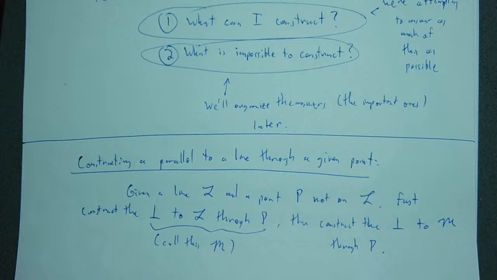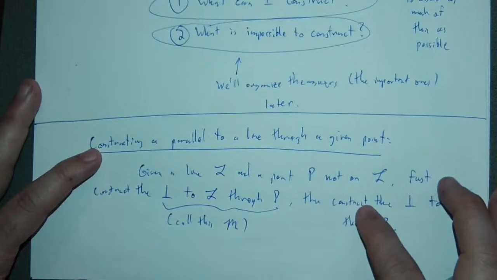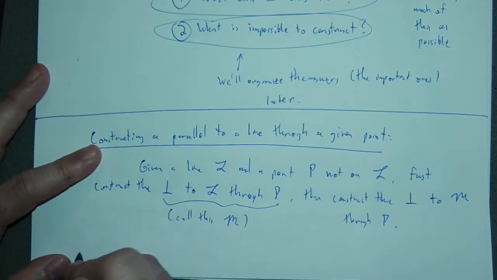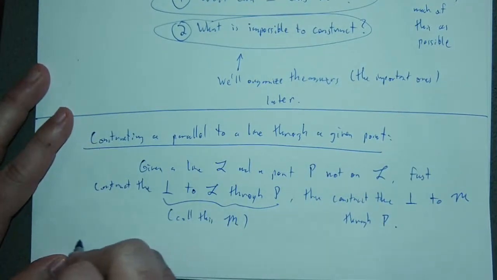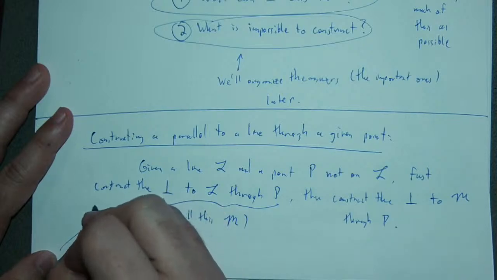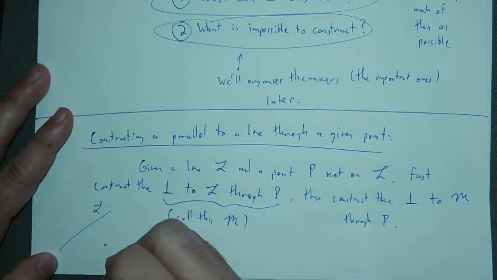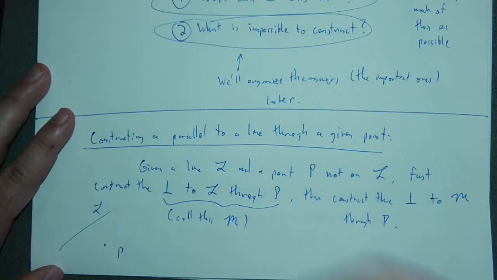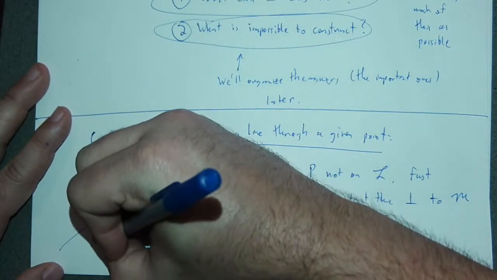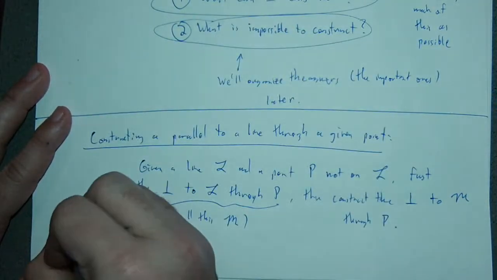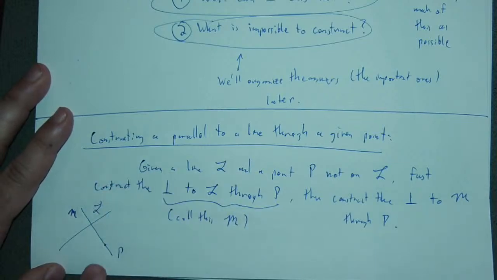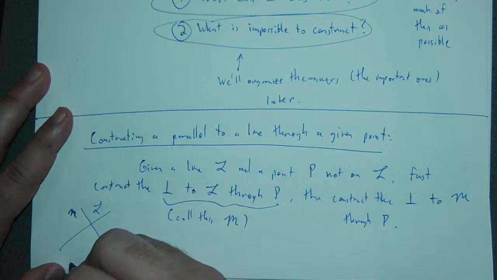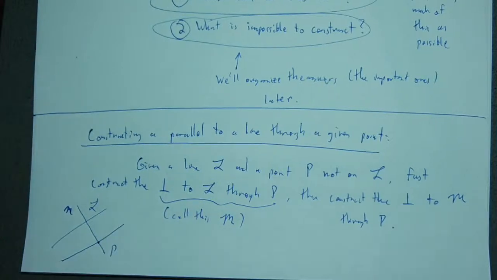So I have a line and a point not on the line. Maybe I'll draw a picture. This doesn't actually show you exactly how to do it, but now you know how to do it. I have line L, that's barely a line, and point P, not on L. First I construct the perpendicular, that's M, and then I construct the perpendicular to M through P. It's a really crude picture, but that's how it goes.